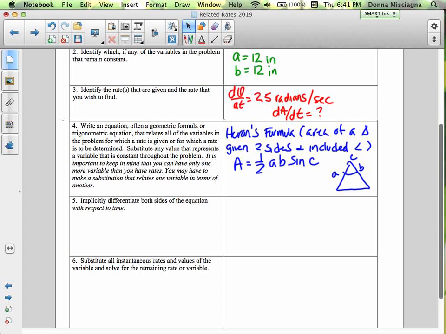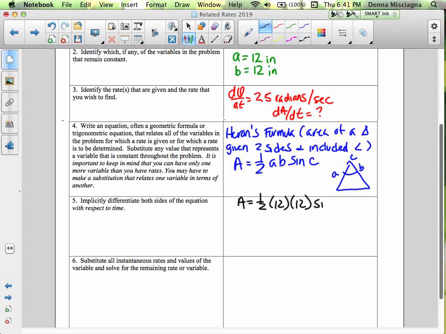So we have A equals 1/2 times 12 times 12 times sine C. Now we have our equation, but we should simplify that. Half of 144 is 72. So A equals 72 sine C.